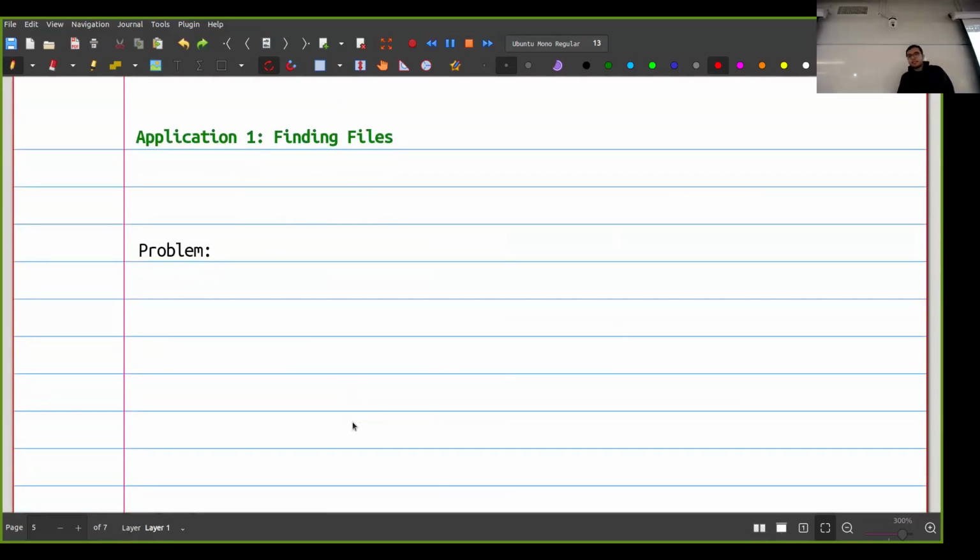Let's say that I have a database of files, and let's say that my files are huge and my database is also huge. So this is my problem. I have a large database, let's call it big F, of large files.